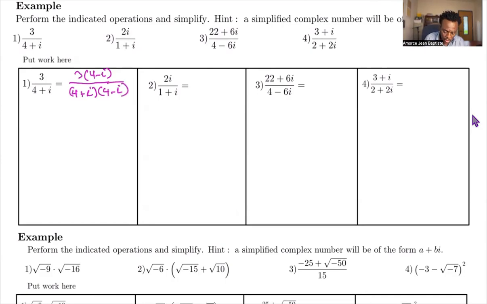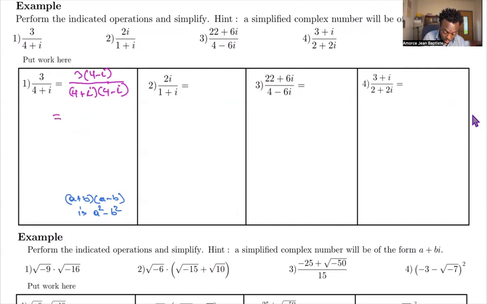So this is a plus b times a minus b, and a plus b times a minus b is a squared minus b squared. We will not forget that. And that's how the denominator is always going to be, at least in this case.